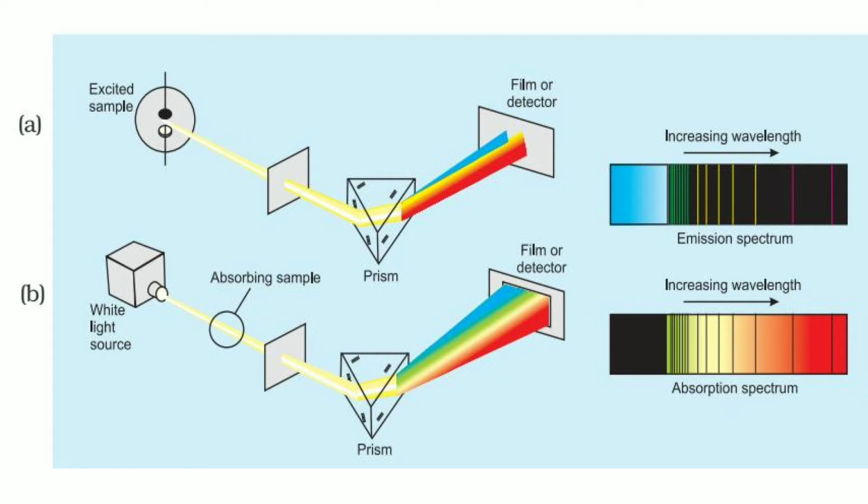The light emitted by a sample of excited hydrogen atoms can be passed through a prism and separated into certain discrete wavelengths. Thus, an emission spectrum, which is a photographic recording of the separated wavelengths, is called a line spectrum.